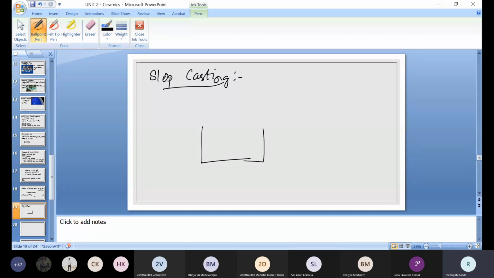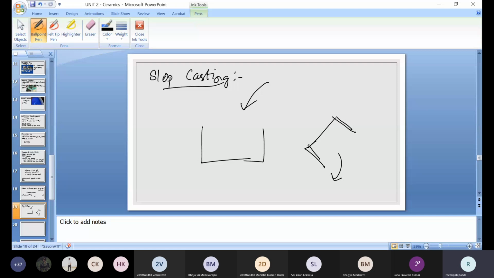What will we be doing? We will pour the glass slurry into this, and let it cool down for some time at the edges of the container. Once it has cooled, we pour out all the extra glass material present inside.